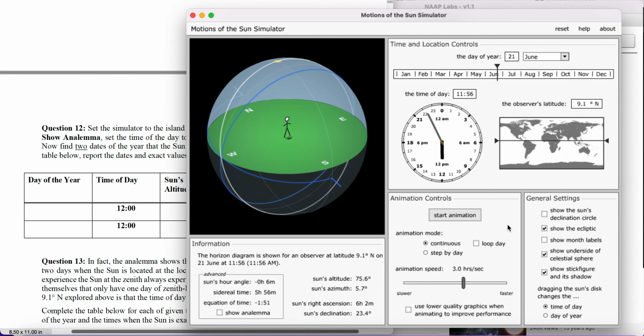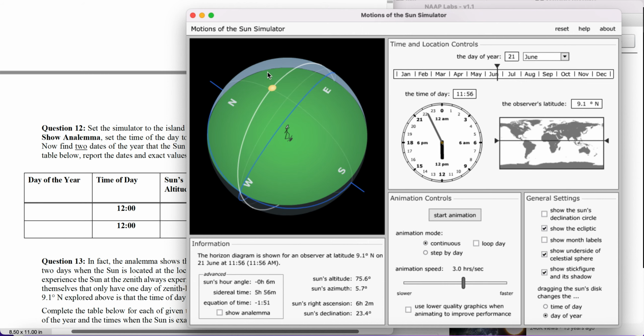So you're going to have to go through, and I would recommend a great way of doing this is changing the sun to day of year mode, swiveling it over so you have a good view, and adjusting it around, finding some points where it crosses the zenith, all right? Okay, so you have it across the zenith there. I'm going to keep pulling on it, and it should be able to make it cross the zenith one more time.